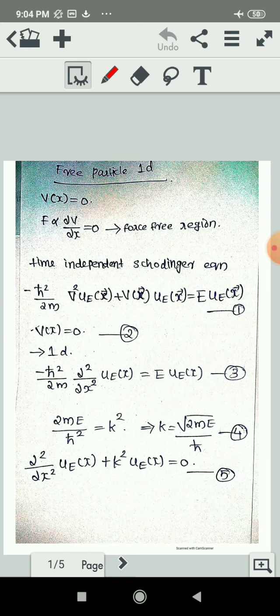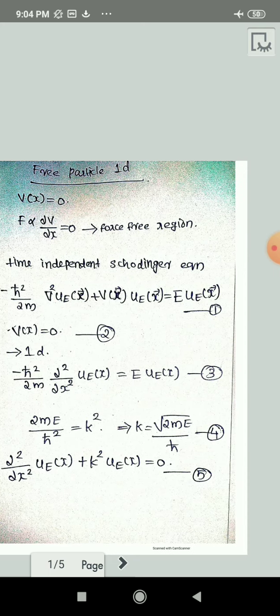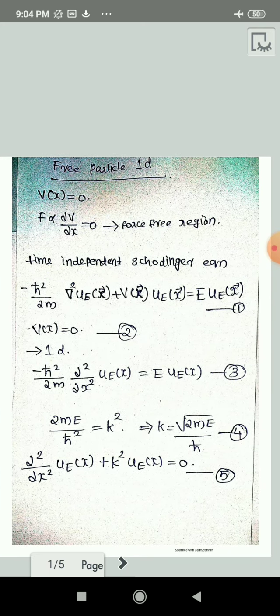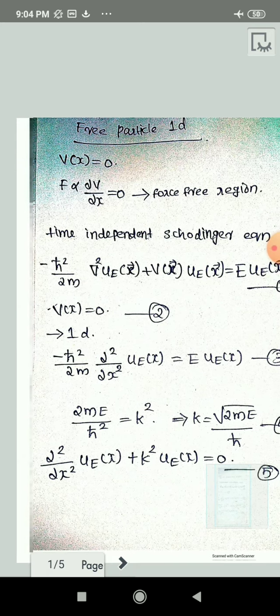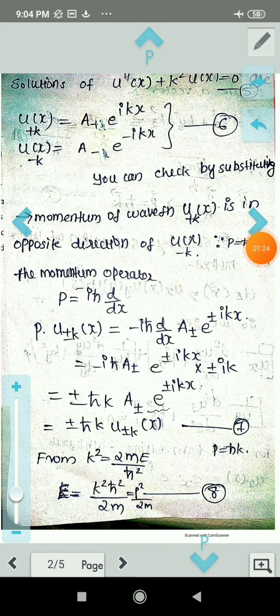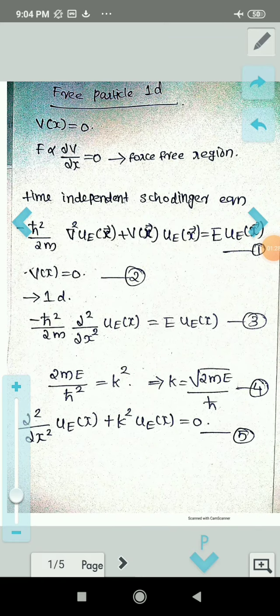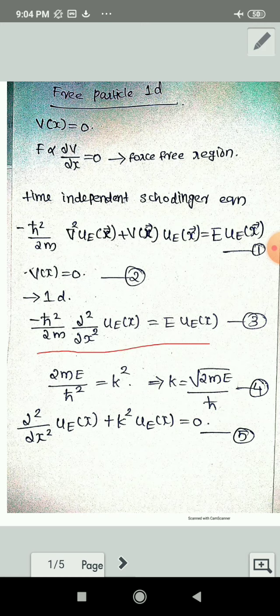Okay, and for one dimension we are taking only the x component here. So our Schrodinger equation will become this. We are selecting only the x component and we are going to solve for the one dimensional free particle.